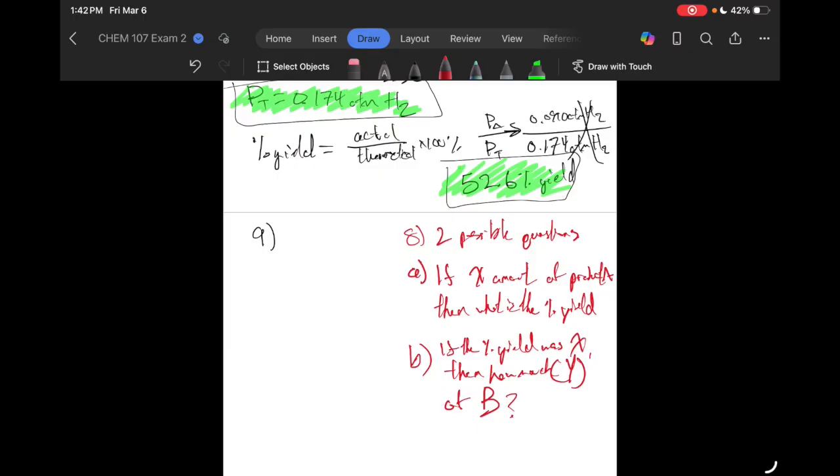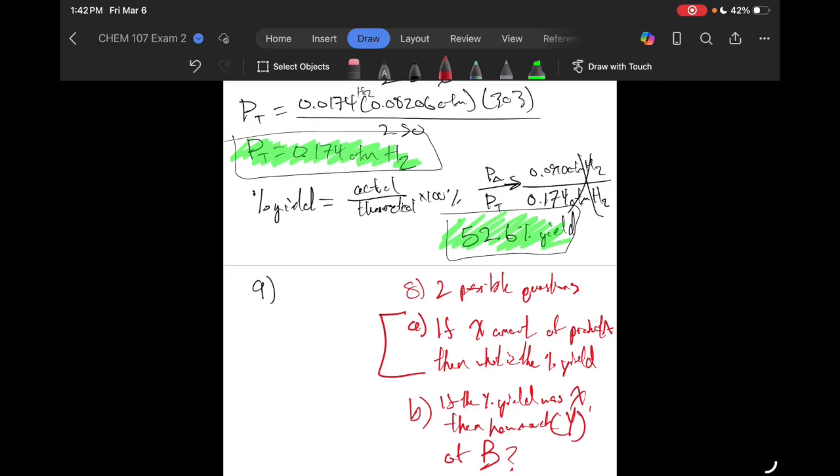And so, in our case, we did case A, where X amount of atmospheres was produced, and we had to find the percent yield. So in step 9, we're going to write down the percent yield.